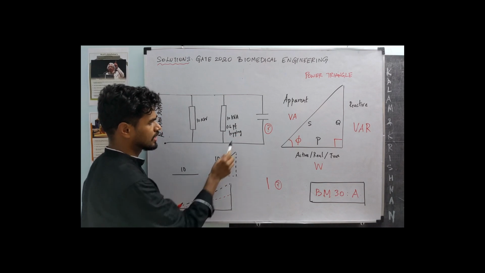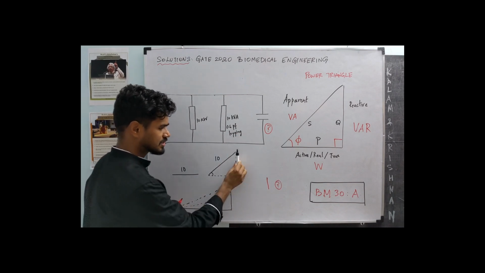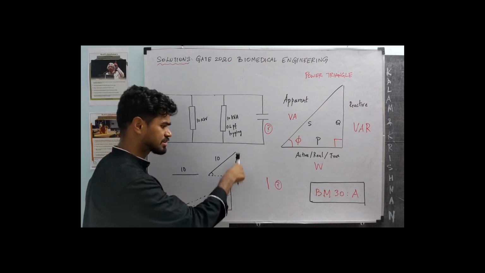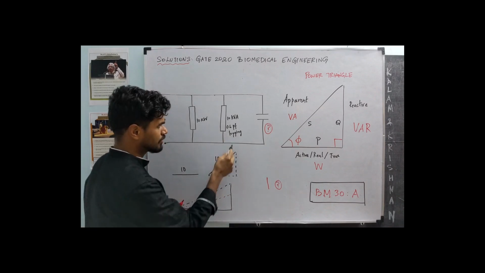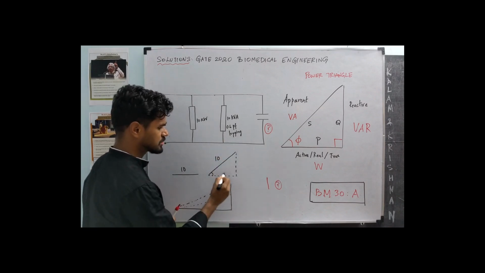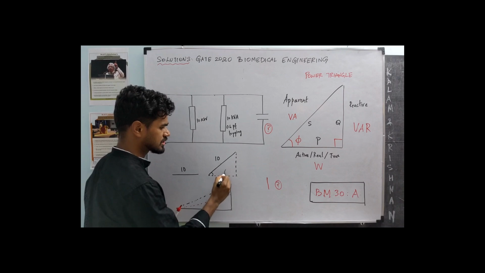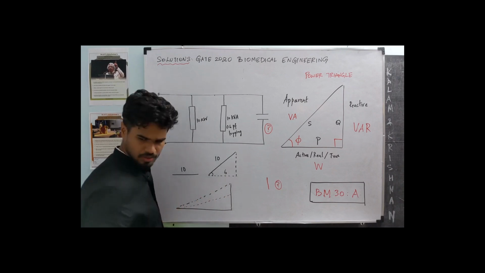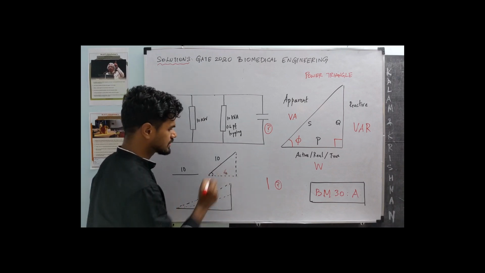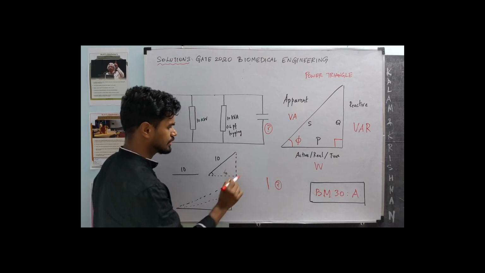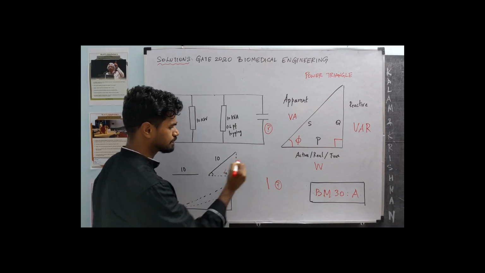Power factor lagging means this triangle is facing upward; leading means the triangle is facing downward. The power factor is 0.6, so the ratio of this by this is 0.6. So this is 6, this is 10, and since this is a right triangle, this should be 8.